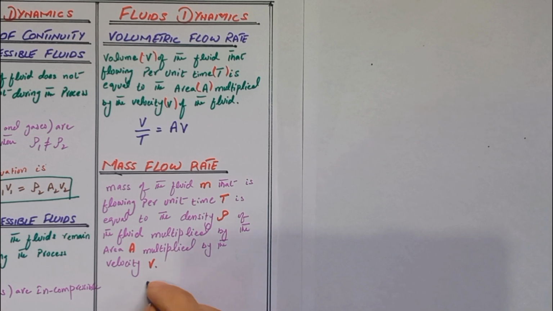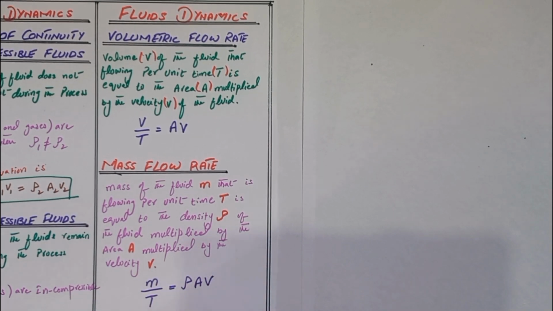Then the mass per unit time t is equal to rho multiplied by area A multiplied by the velocity v of the fluid.